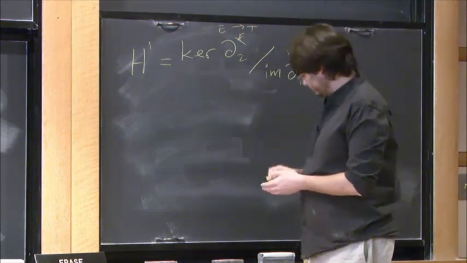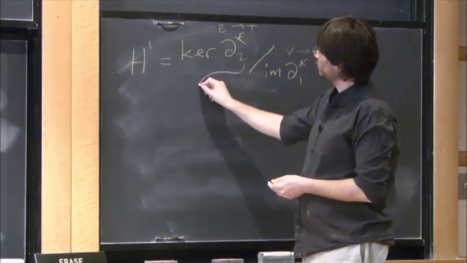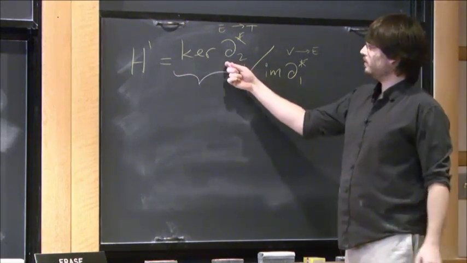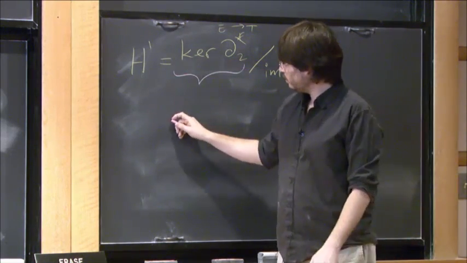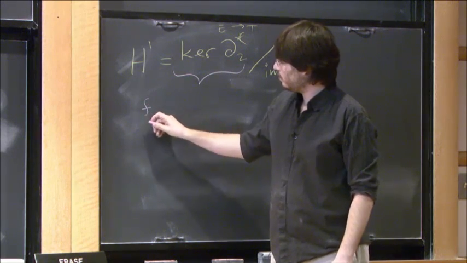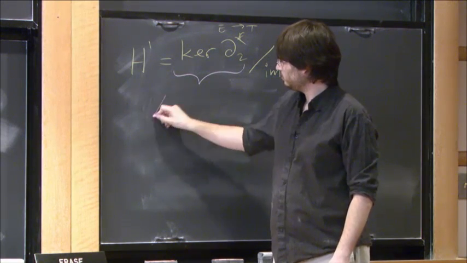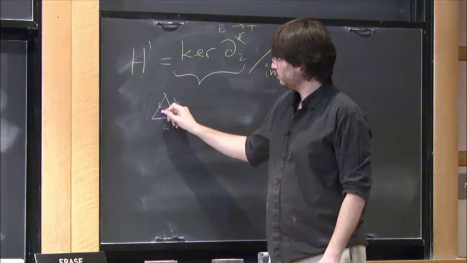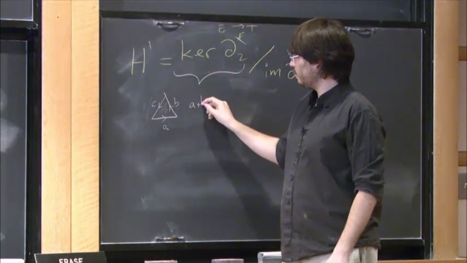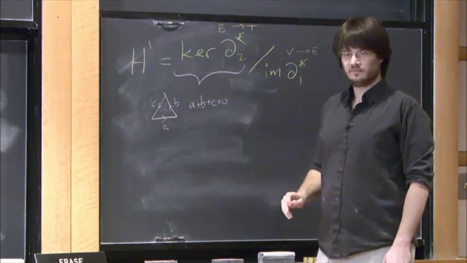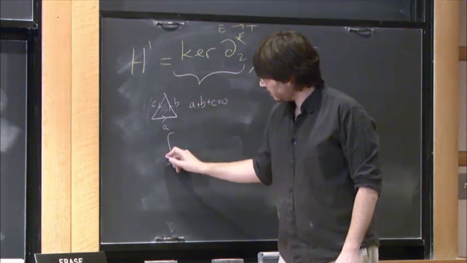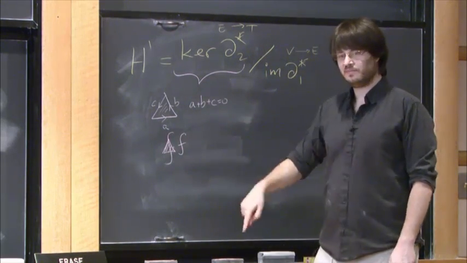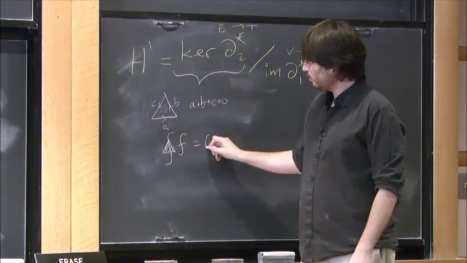Let's look at this. I don't have something clever to say about this. It means it's all the f such that when I sum over a triangle, I should have sum 0. So I will write it like this: I'm going over a triangle, this is the integral along the boundary of a triangle, and I want it always to be 0.